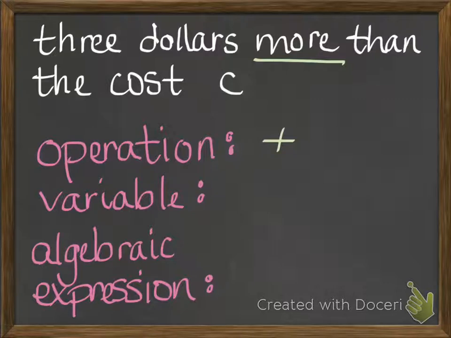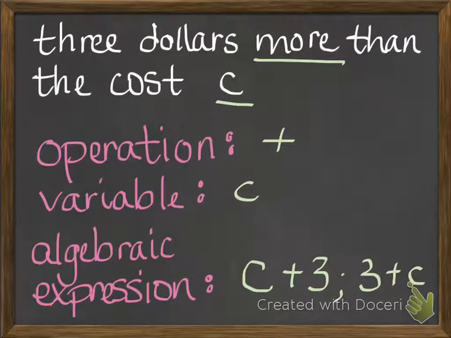The cost C is the variable. And the algebraic expression that I could make from this statement is C plus 3. Now with addition, we know that we could also do 3 plus C, and we'll get the same answer. That doesn't work with every operation, but we know it does with addition and with multiplication.